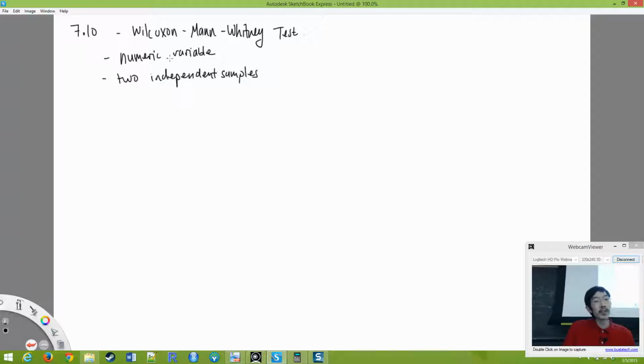So far it looks like the same situation as a t-test for independent groups, okay. But the key here is that we do not use the central limit theorem to assume that the sampling distribution is normal.